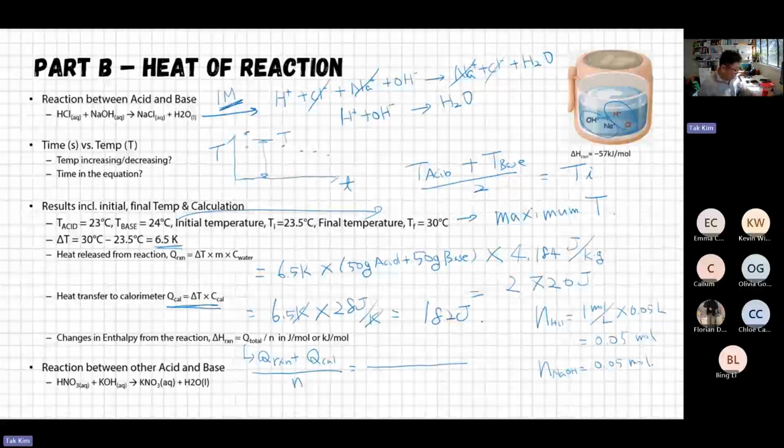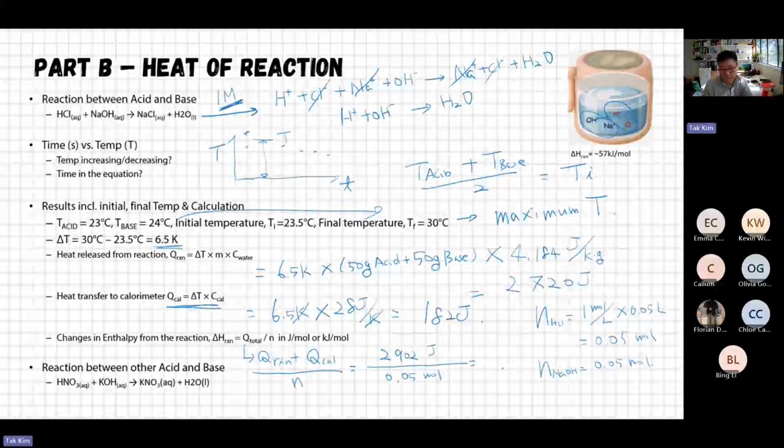So heat from this reaction will be 2720 plus 182, then divide by the moles. I have a big number, which is normal. So the total heat is 2902 joules, and the number of moles is 0.05 mole.